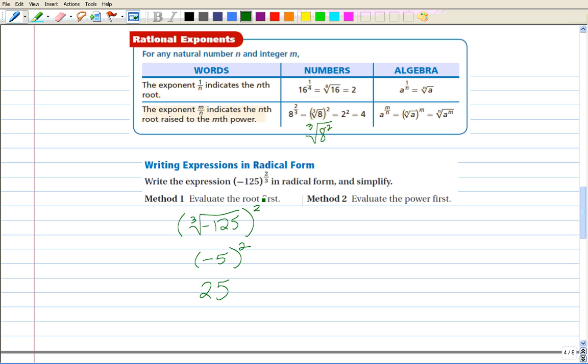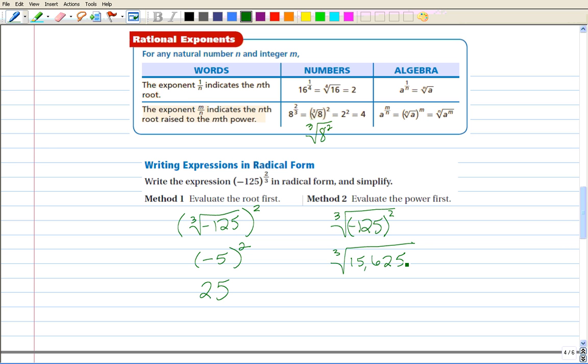Or, instead of having the squared on the outside, we could put the square on the inside. So we would have the cube root of negative 125 squared. Negative 125 squared is 15,625.